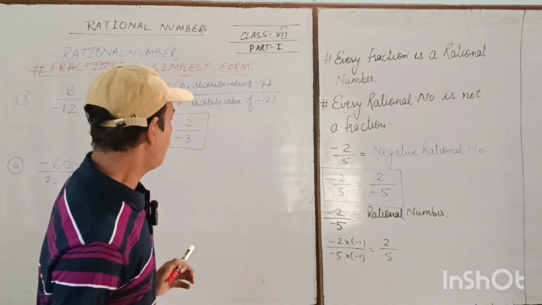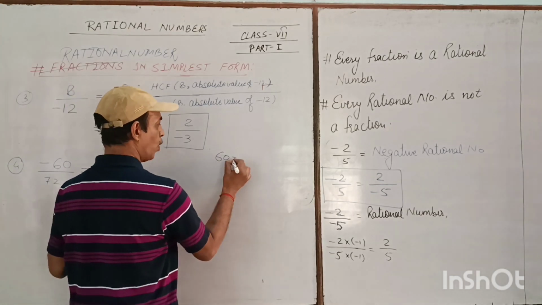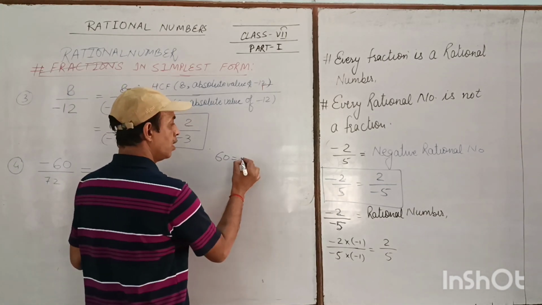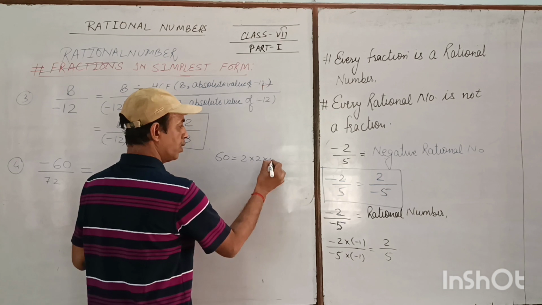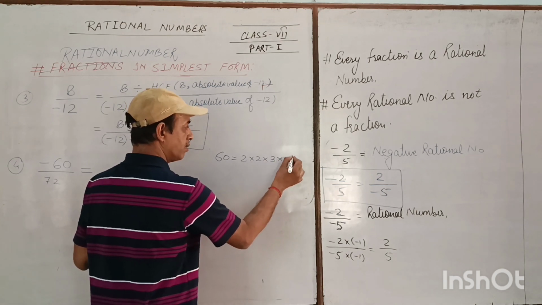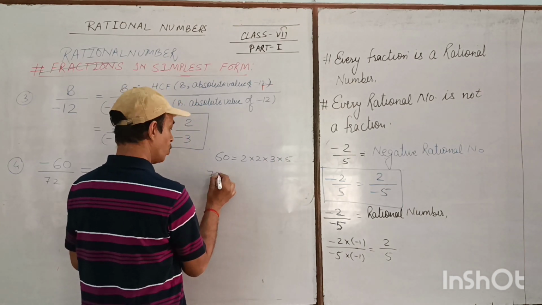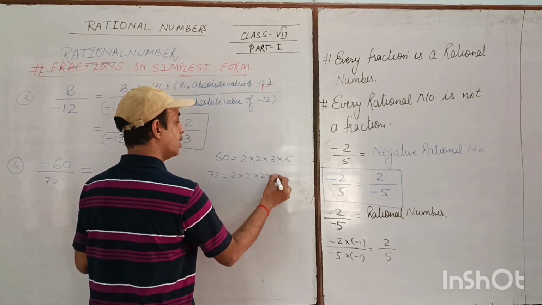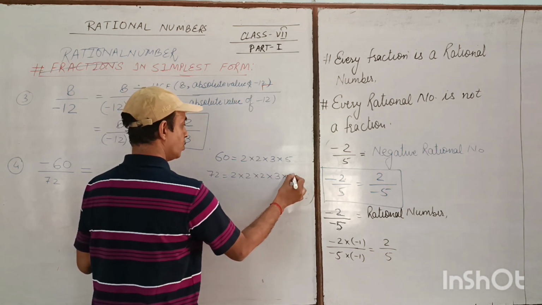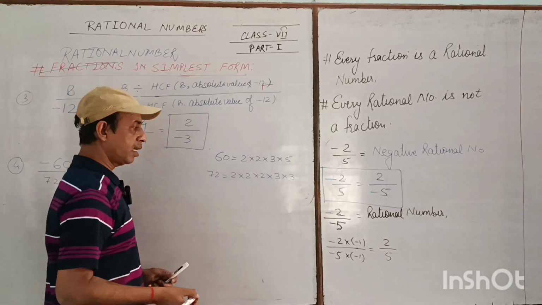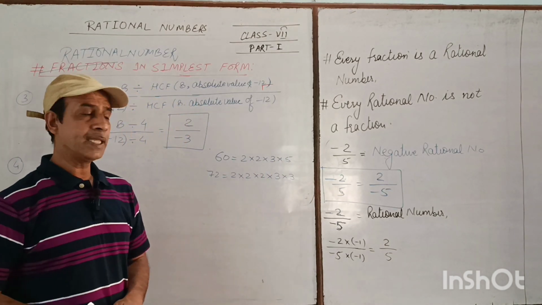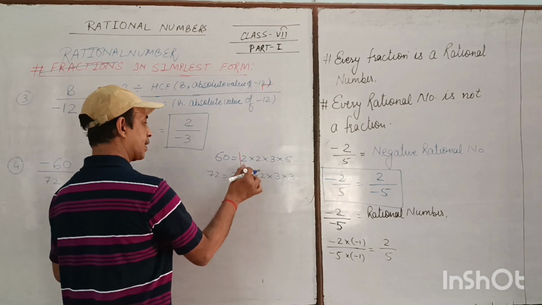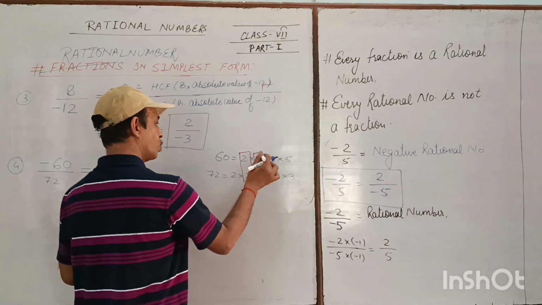If you say 60, what will it become? 2 into 2, 4, 3 times 4 is 12, 5 times 12 is 60. 72 is 2 into 2 into 2, 8, 3 into 3, 8 nines are 72. Fine. Now in this case see the common factors. Common factors are 2, 2 and 3.